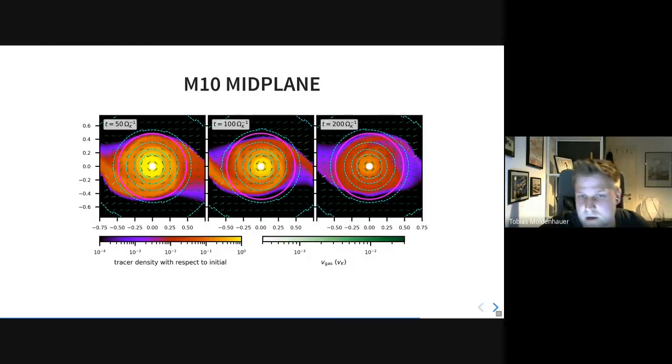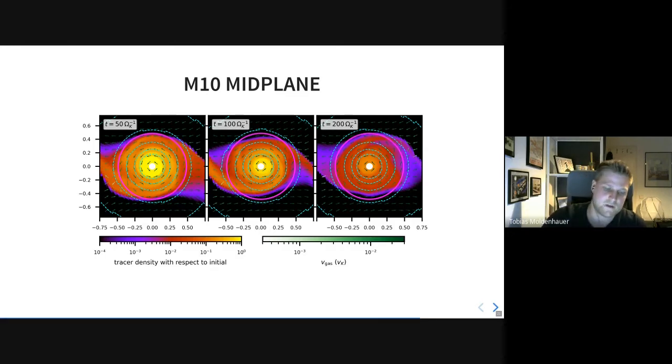But another thing one can notice here is that there's structure developing in the atmosphere. Earlier, the atmosphere was basically just one color. Now here we see, at least in the midplane, that there's structure.